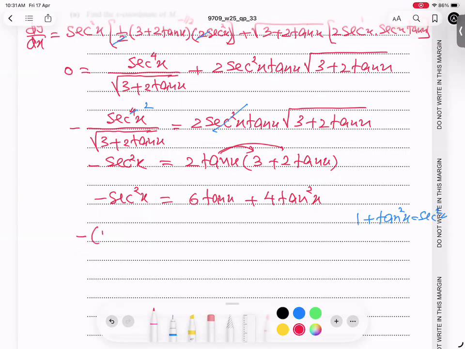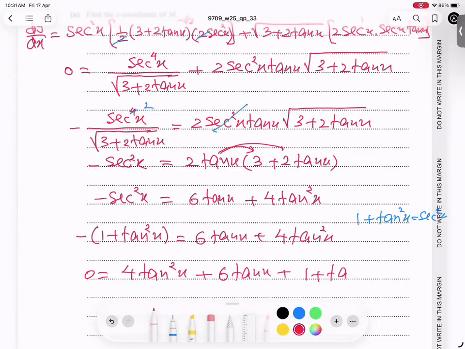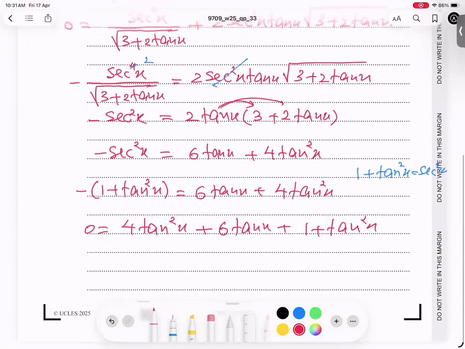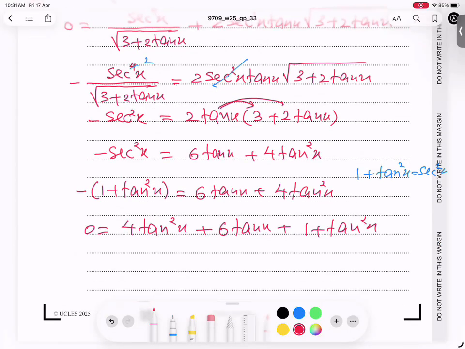So here I'm getting 1 plus tan square, 6 tan x, 4 tan square. I open the bracket and bring everything to the other side: 4 tan square x plus 6 tan x plus 1 plus tan square. The final form I'm getting here is 5 tan square x plus 6 tan x plus 1 equals 0.